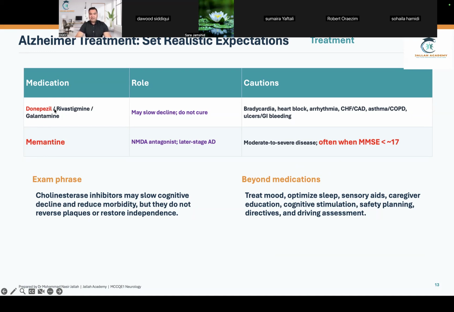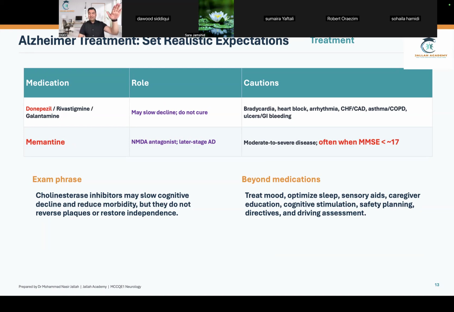So donepezil, rivastigmine, galantamine, they reduce or slow down the decline of the memory. So the memory is declining whether you like it or not, but these medications are decreasing the speed. So if it is speeding at 100, these medications probably drop the speed from 100 to, let's say, 20.